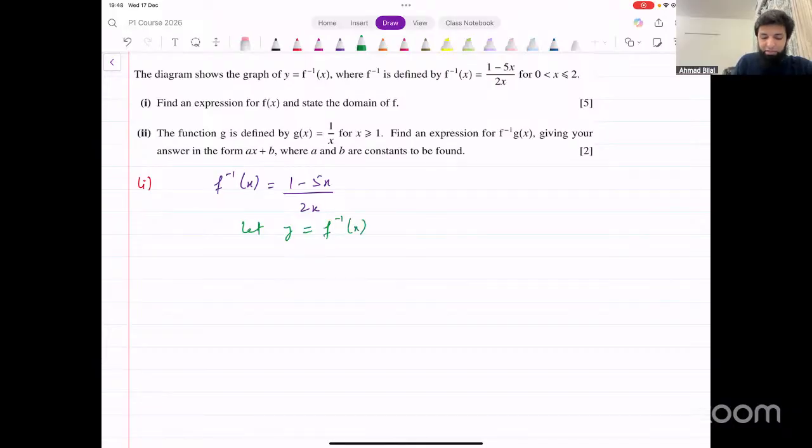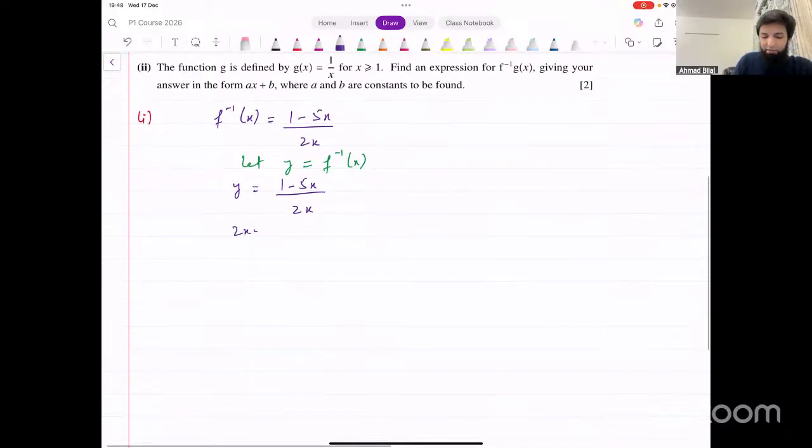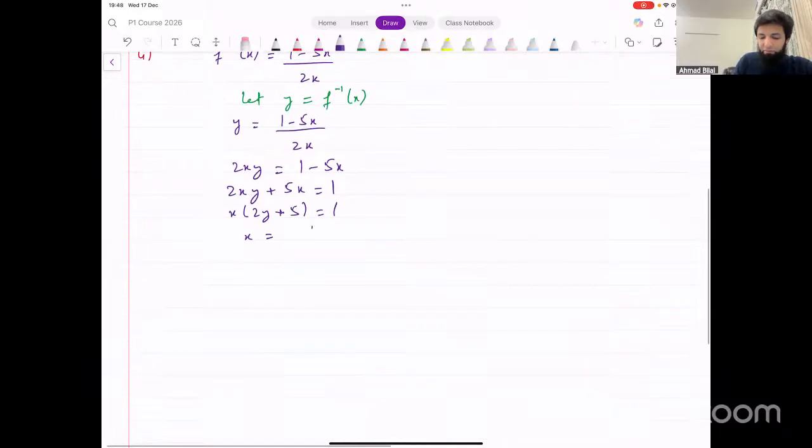That gives us y equal to (1 minus 5x) divided by 2x. 2x gets multiplied on the other side, and that gives us 2xy equals 1 minus 5x. Take all x terms to one side: 2xy plus 5x equals 1. Take x common, that leaves you with x times (2y plus 5) equals 1, and x equals 1 over (2y plus 5).